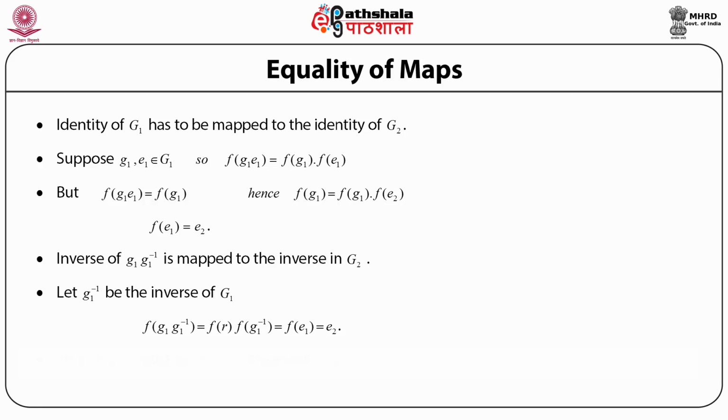F of g1 g1 prime is equal to F of g1 into F of g1 prime, is equal to F of e1, which is equal to e2. Thus, F of g1 prime must be the inverse of F of g1, that is, F of g1 inverse is the inverse of F of g1.